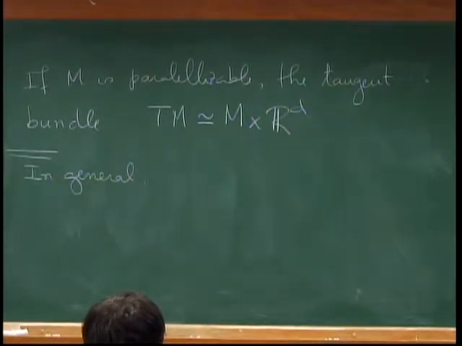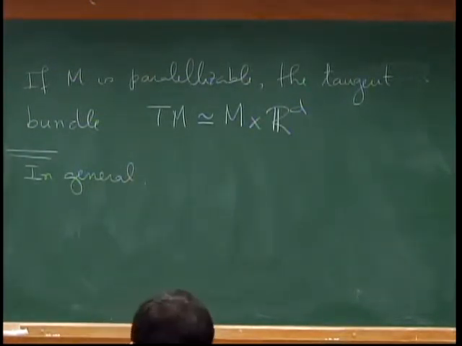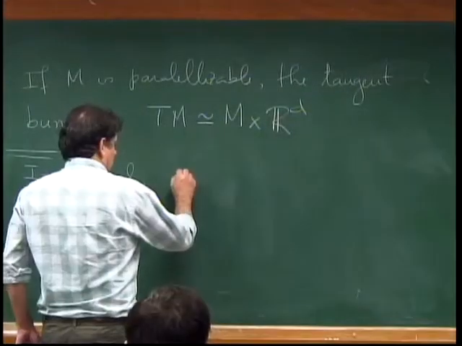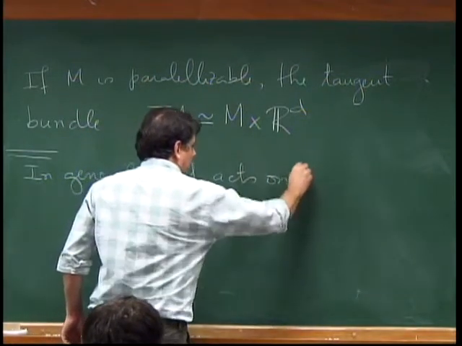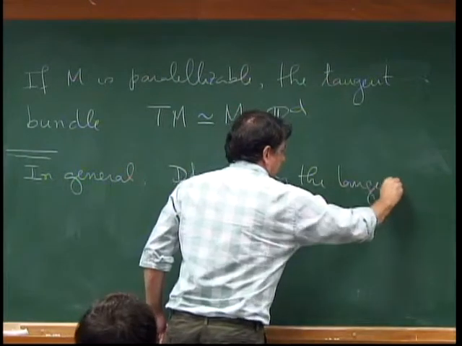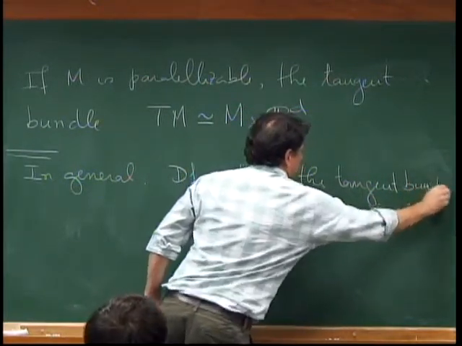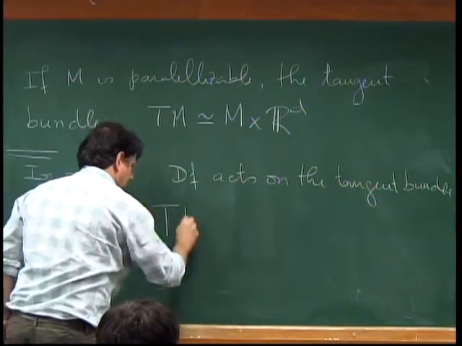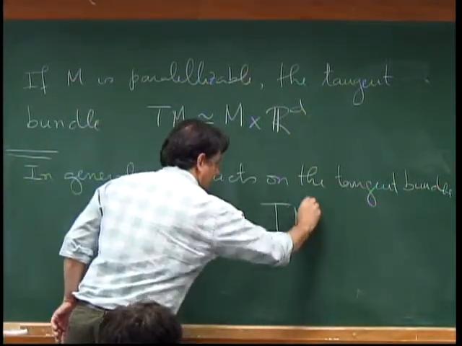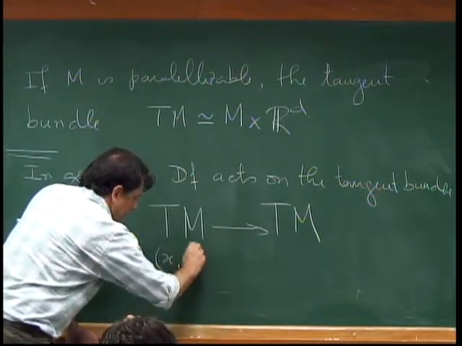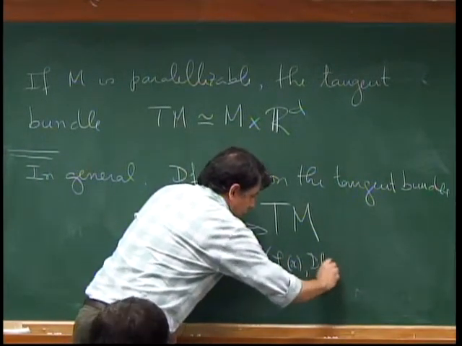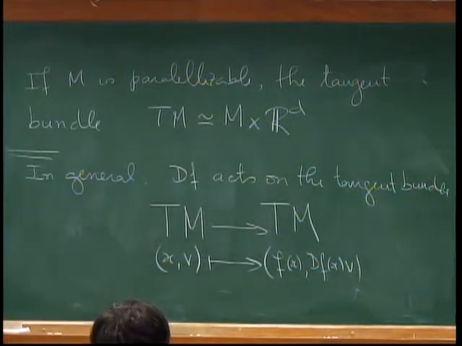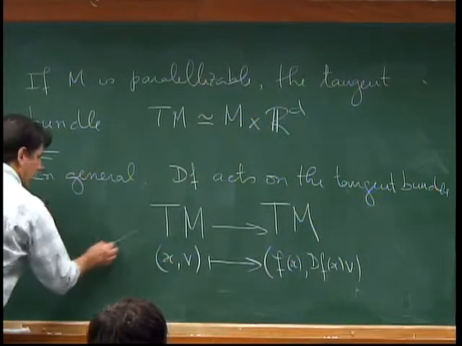we cannot do that, but we can do the obvious thing, which is to think of the derivative as acting on the tangent bundle, which is not a product. So TM to TM, what it does is it takes (x, v) into (f(x), df(x)v), and we can call this a linear cocycle as well.